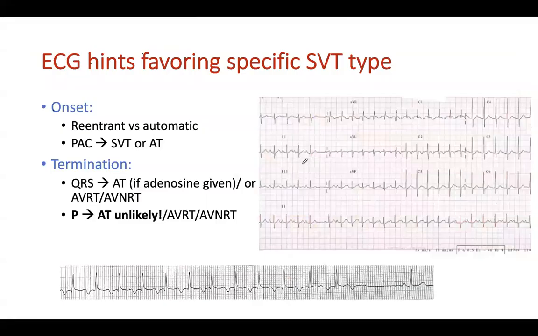So onset is important to figure out whether it's reentry or focal. If it's a PAC onset, then it's more likely SVT, rather than if a PVC starts the tachycardia, then it might be less likely to be an SVT. Terminates, like we said, if it terminates with a P, then atrial tachycardia would be unlikely. If it terminates with the QRS, then it might not help you so much.